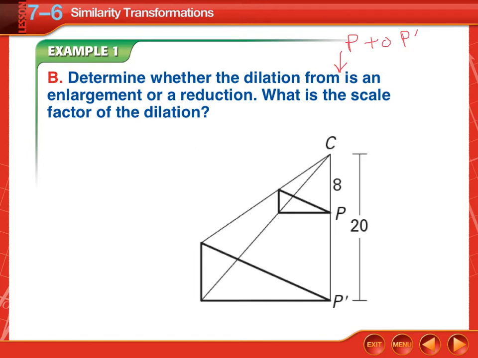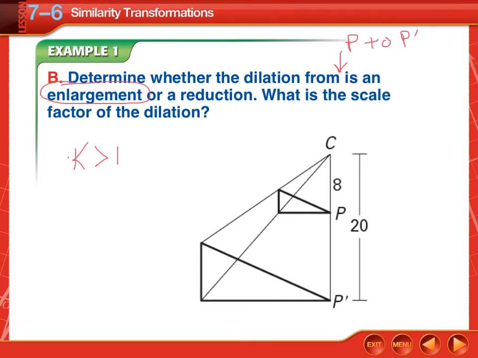So P prime after the transformation is larger, so this is definitely an enlargement. And what is the scale factor? Well, we know that K is going to be greater than 1 for an enlargement, and we look at the location here. We don't know anything about the side length, so we can't use that to determine the scale factor, but we're going to look at the location in order to determine what the scale factor is here.